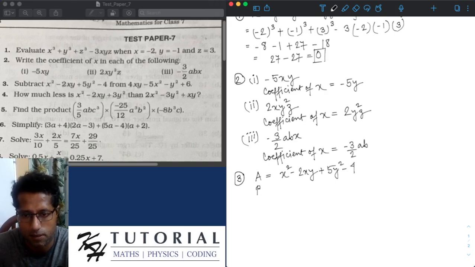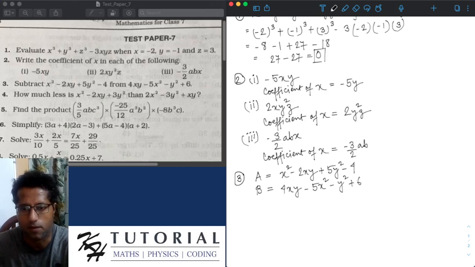And the second algebraic expression given is, let's say, B. It is 4xy minus 5x square minus y square plus 6, and we have to subtract the first algebraic expression from the second. So we have to find B minus A.